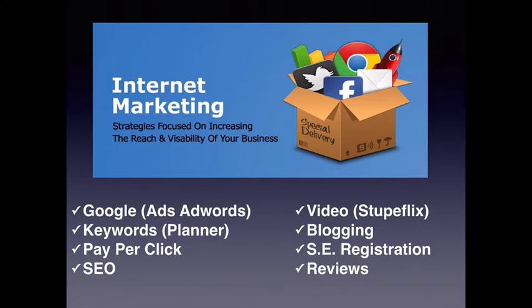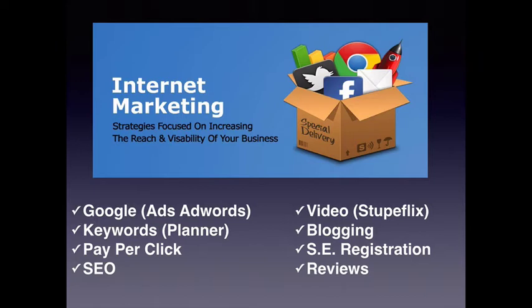The second thing you want to do after you create your Google AdWords account is start playing around with some keywords using the keyword planner. In the Google AdWords account, you'll find the keyword planner, and you'll begin to put in search terms consistent with what your services are.